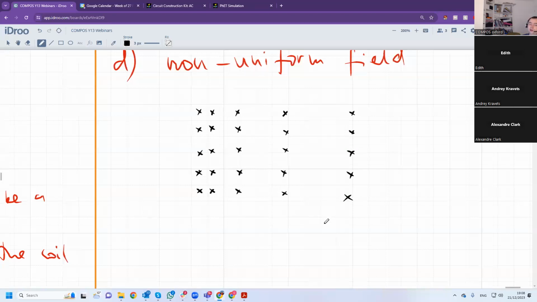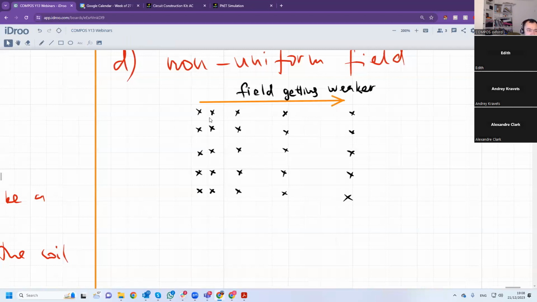So how do we know the field is non-uniform? The field is getting weaker. I'm pretty sure the vertical lines should get weaker as well, so it should kind of look like this.